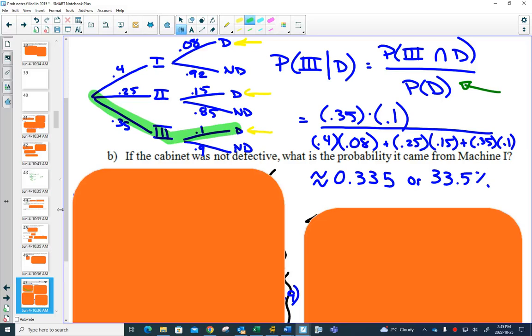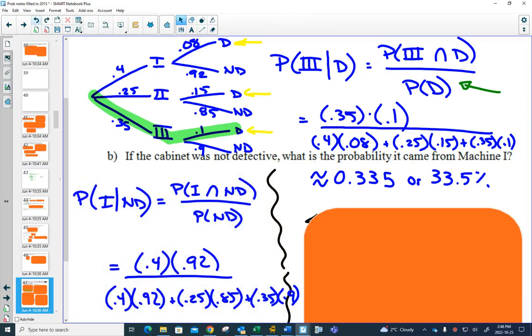So part B, if the cabinet was not defective, what is the probability it came from machine 1? So we set up the same formula, probability of machine 1 given not defective. Machine 1 and not defective, I can show machine 1 and not defective by the blue line.